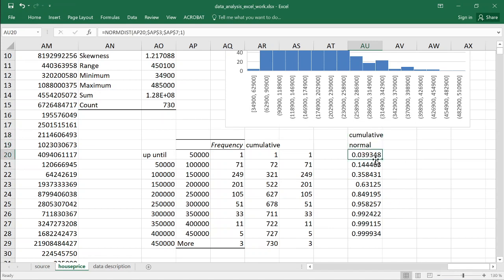We would like to compare these percentages to the frequency counts that we've done before. We need to convert these numbers, these number of cases, these counts, also into percentages.